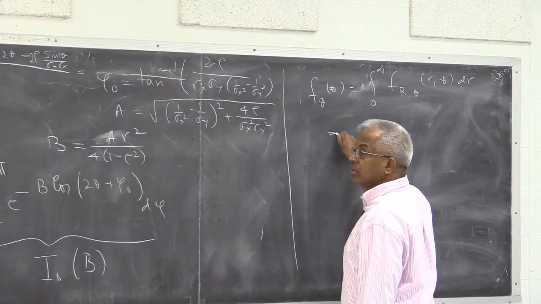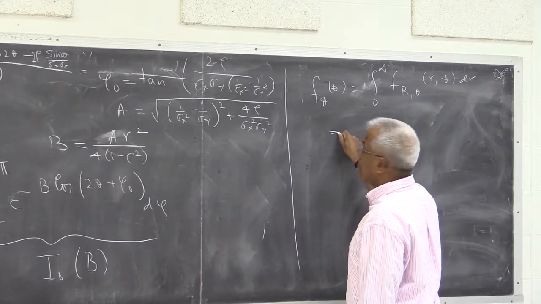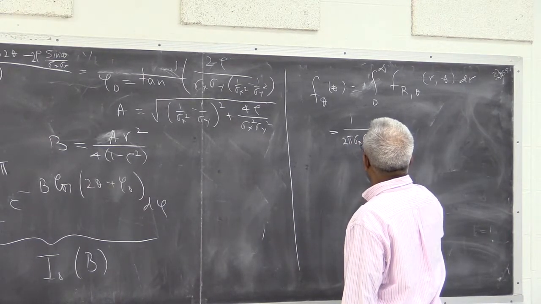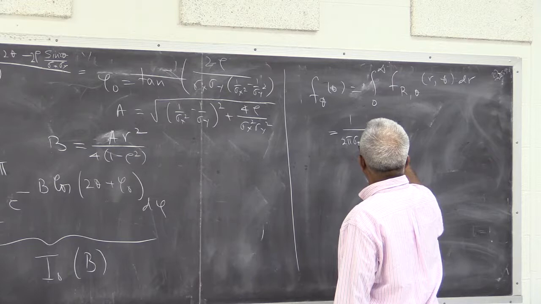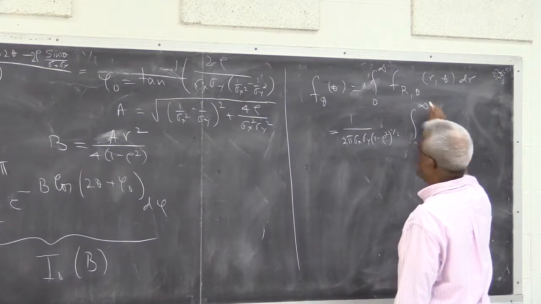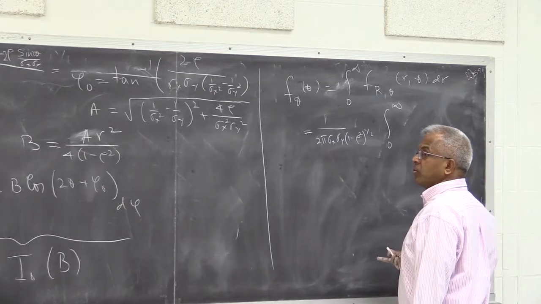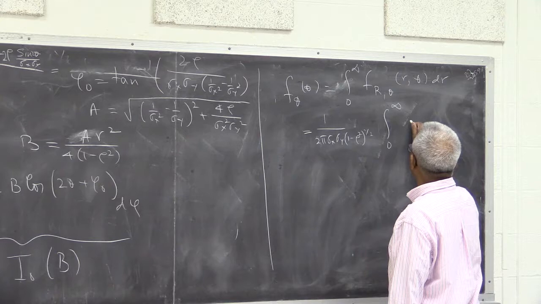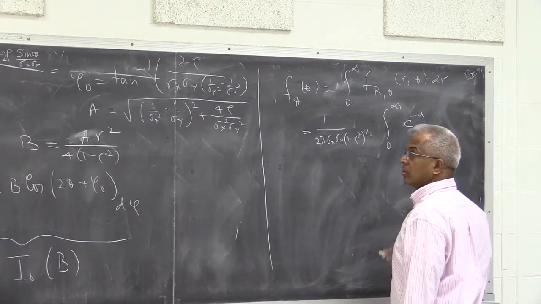So this is 1 over 2 pi sigma x sigma y 1 minus rho squared to the power half. Then you have the integral 0 to infinity. The limits for u are the same. So r squared k is the exponent, simply e raised to minus u.